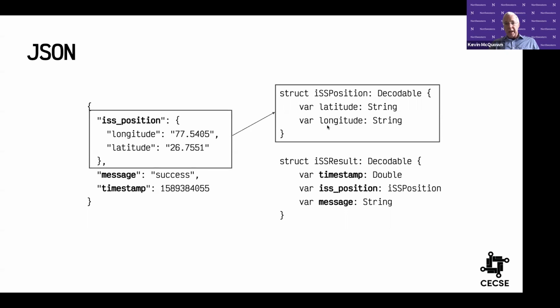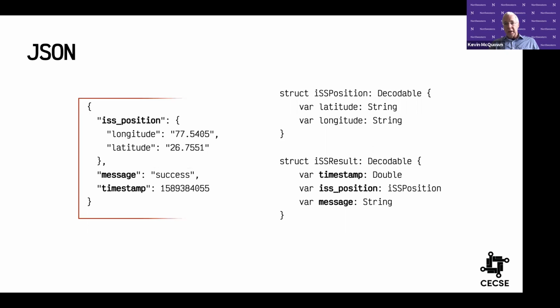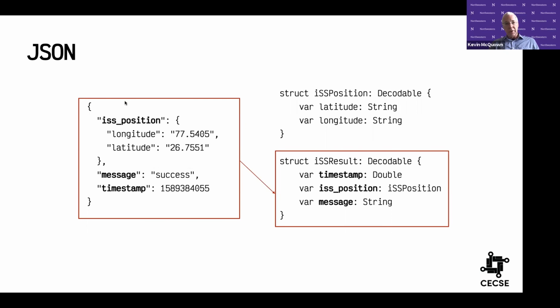Down here, I have another struct which represents the whole thing, ISS result, which has a timestamp, an ISS position that references the struct up here, and then the message. So this is literally one for one. You'll take whatever you have here and create structs to match the payload that you're going to get.